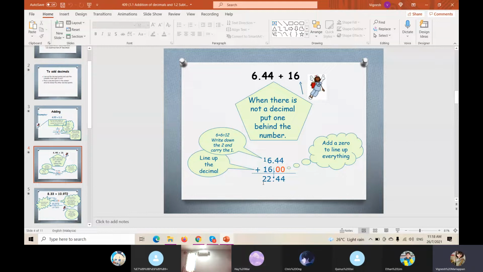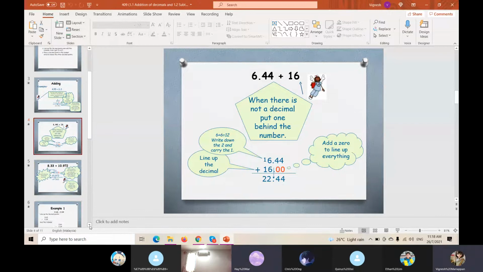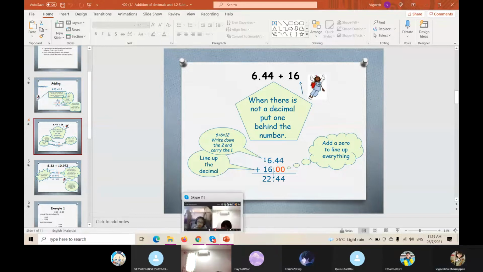So what is your answer? 22.44. Very good. 22.44. Understand or not? I don't want to see any of you add the 16 under the 44 here. Understand?